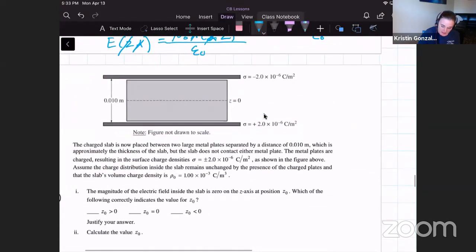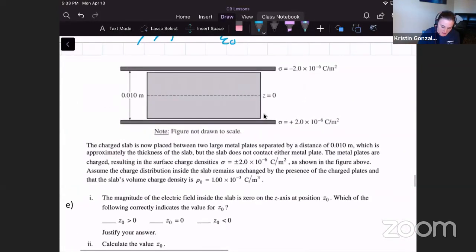Okay, so let's look now. Instead of just our slab, we're going to put that slab in between two parallel plates. So our large metal plates are separated by a distance of 0.01 meters, which is approximately the thickness of the slab, right? So it's taking up the whole space in there is what that means. But the slab does not contact either metal plate. The metal plates are charged, and they give us those charged surface densities.